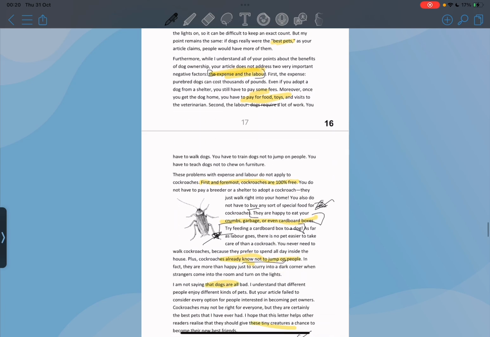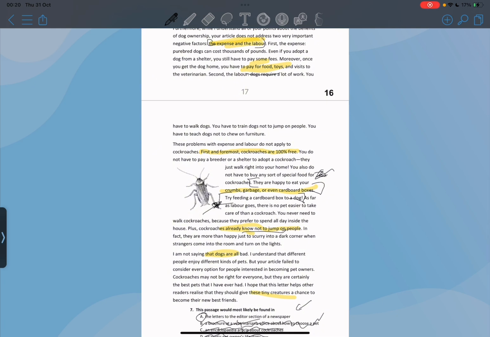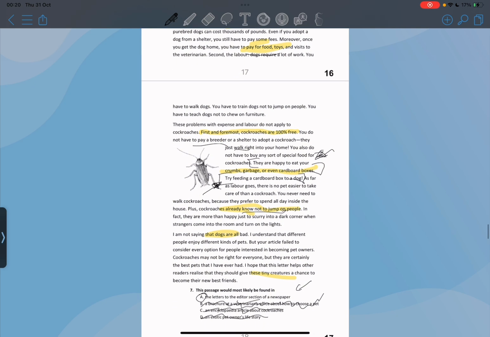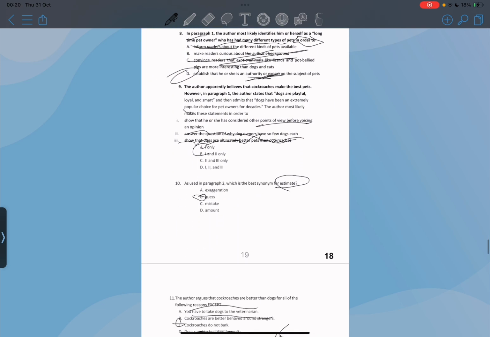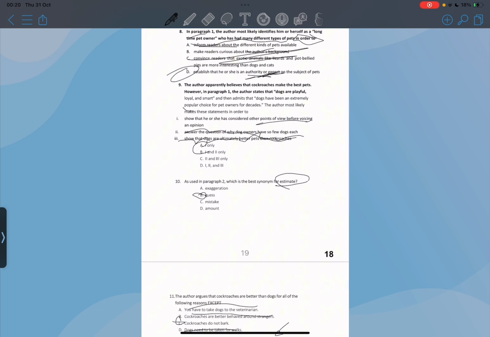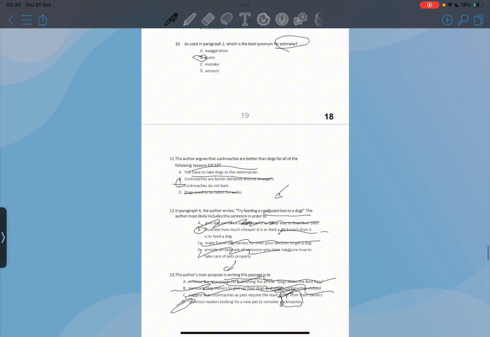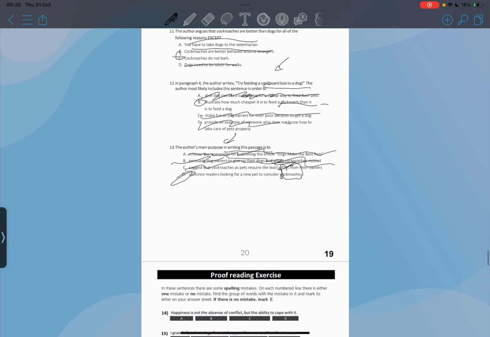You have to go to the vet, you have to pay people to buy the pet, you have to take the pet on a walk, you have to spend all day inside the house, so do all of these different things. He's showing how time intensive these things are, and you probably already have cockroaches in your house. Why don't you just use them as your pet, right? So that's sort of the idea that he's getting across.